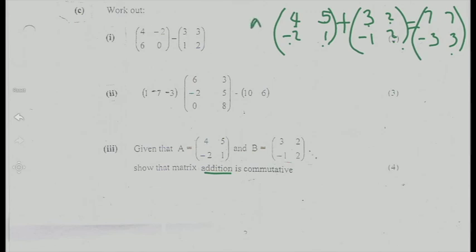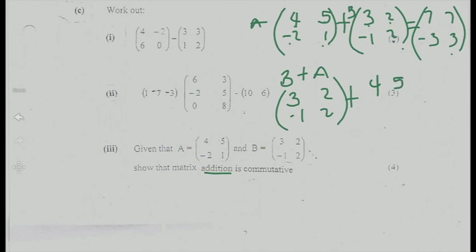So this is A, remember, and B. Let us start now with B plus A, because we were doing A plus B, so now it's B plus A. So we have 3, 2, negative 1, 2, plus 4, 5, negative 2, 1. 3 plus 4 will give us a 7. 2 plus 5 will give us a 7.